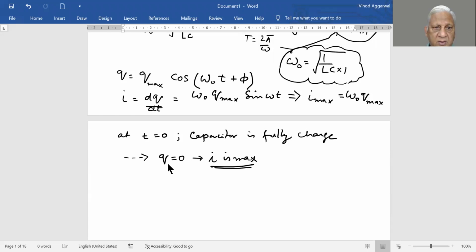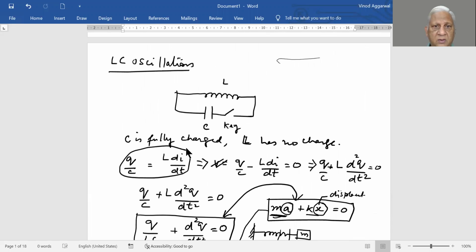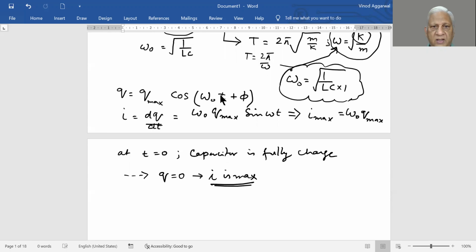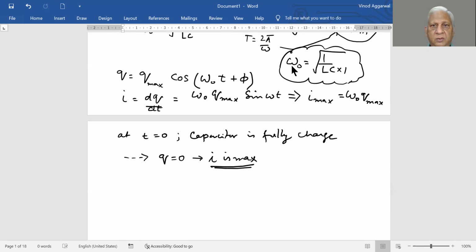When the capacitor charge becomes 0, all of its energy has gone into the inductor. Now the inductor will start charging the capacitor to full capacity until the charge on L becomes 0. So this cycle keeps on, L charging C, C charging L, going on at a frequency omega naught.